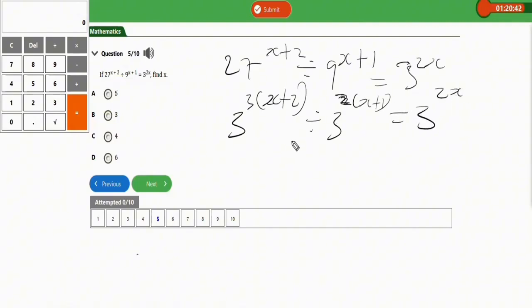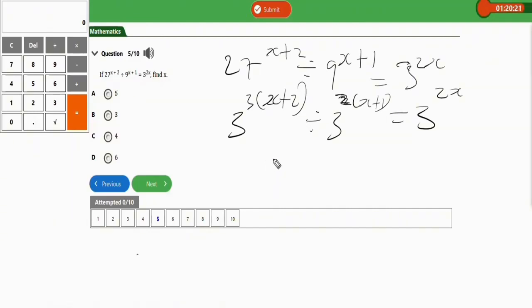So when you simplify this, remember the law of indices, the base is the same. When you apply the division law here, the base is the same, so you are going to take one and subtract the powers.